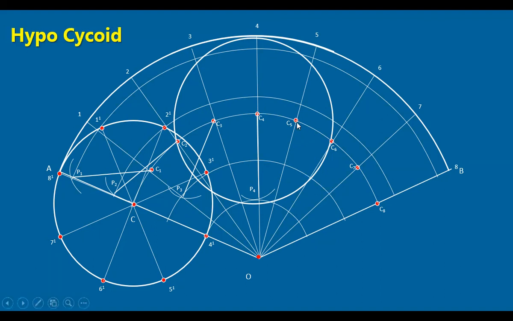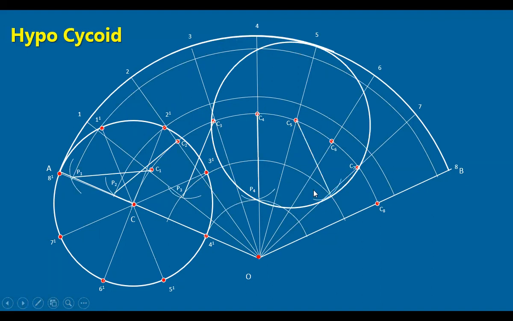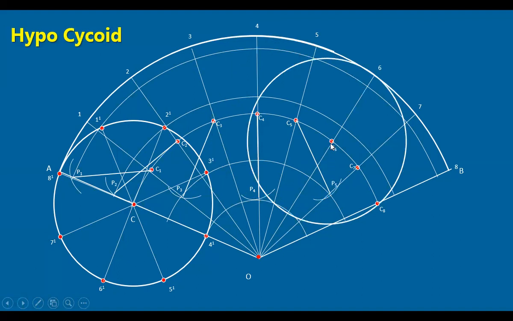So C5 as center, you intersect the fifth arc. Actually, if you draw the arc, the fifth coincides with the third. Next, sixth, C6 as center, sixth arc. The sixth arc coincides with the 2, so intersect this point here.